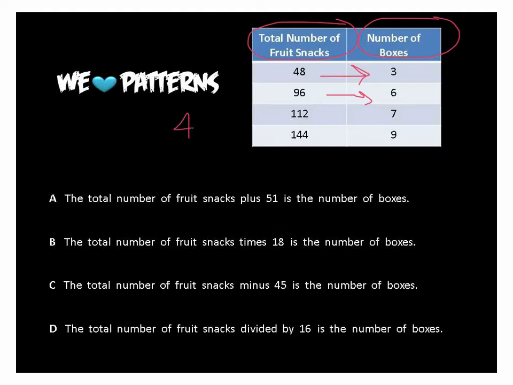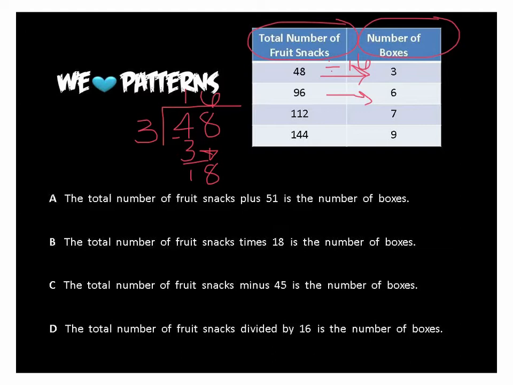So let's do 48, and I'm going to divide by 3 so I can see what the relationship is between those two numbers. So I can see that 48 divided by 16 is 3.